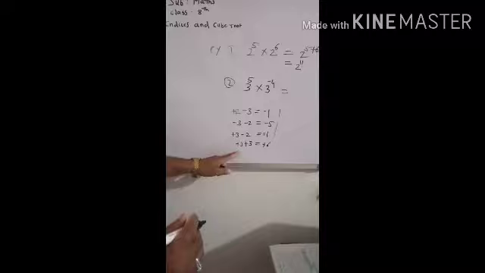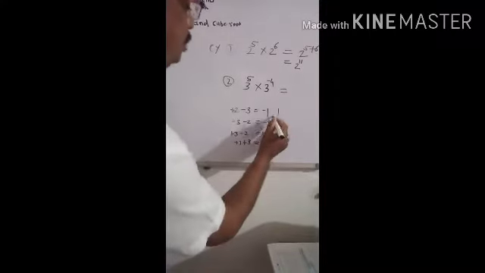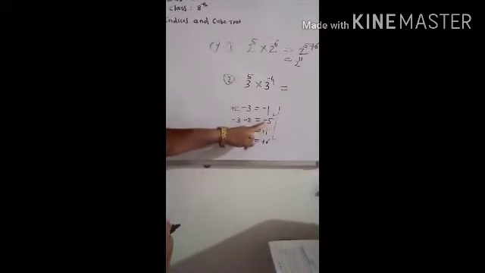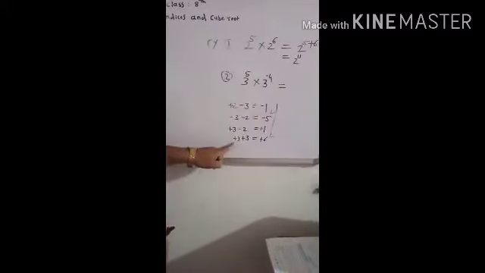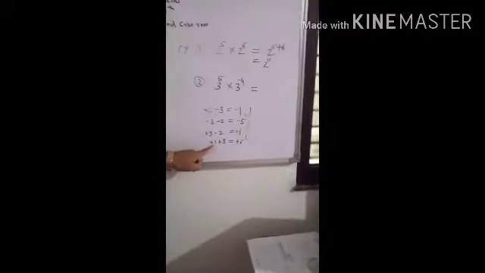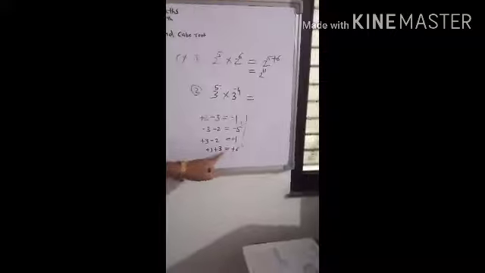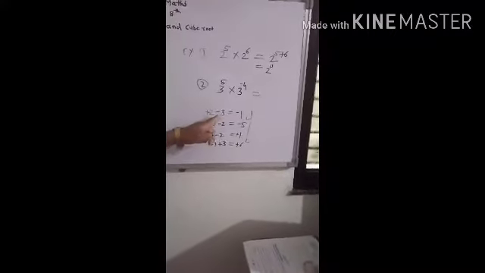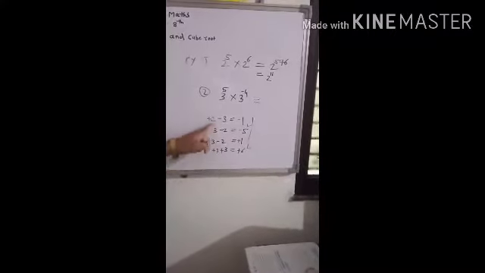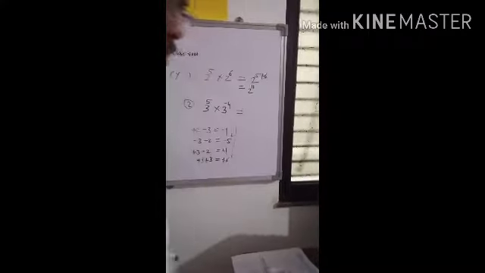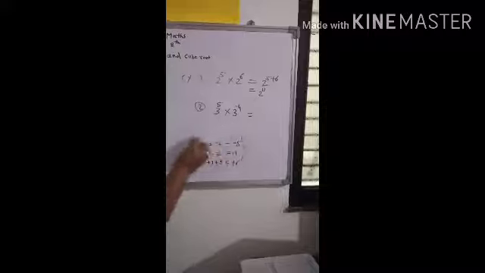When having the same sign, we will add this. This rule and this rule are the same. When the numbers have the same sign, we will add the numbers and take this sign, and here also having the same sign, we will take the same sign and add the numbers. But whenever the numbers have different signs, then we will take the sign of the greater number. Be careful. These rules we learned in 6th class.